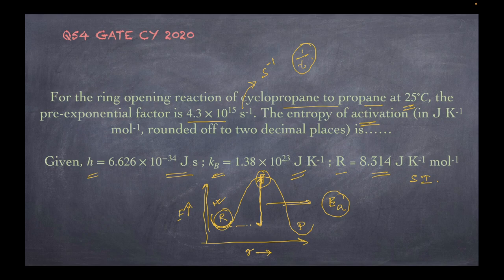That means the activation energy, the energy difference from the reactants to the activated complex, has to be greater than the random thermal fluctuation, that means kBT. Then we call it an activated reaction. Otherwise the random thermal fluctuation at that temperature can transform the reactant molecules into products, so there will not be any need of activation.